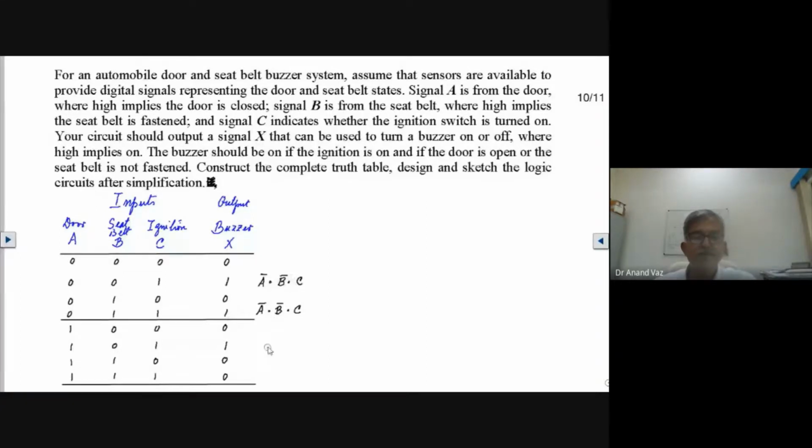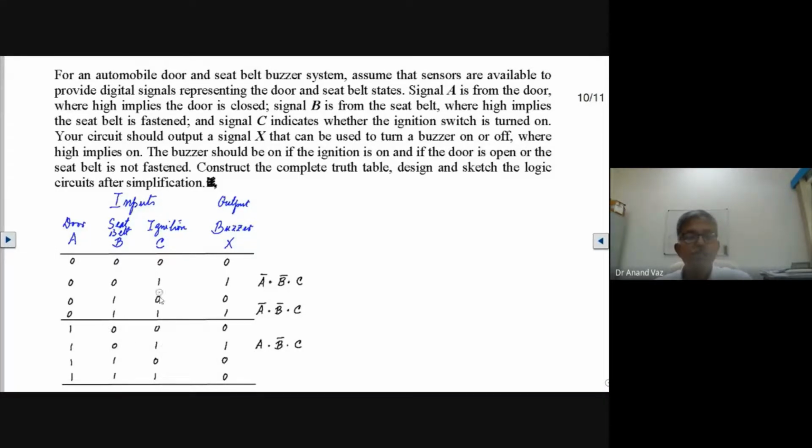In the same way, you have another output as 1 here. So here you have A and not B and C. Again, only when this product will be 1, only when A is 1, B is 0, C is 1.